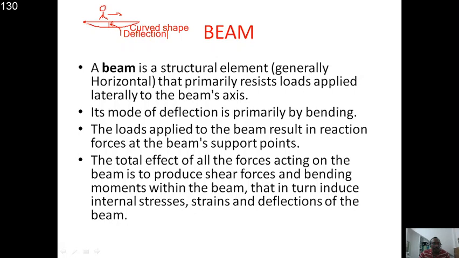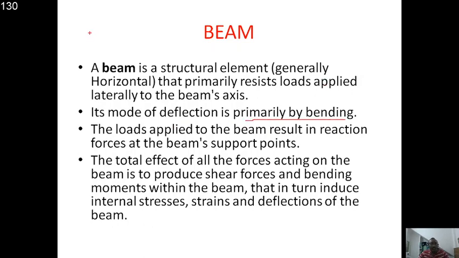And this shape is known as the deformed shape. Please understand that this shape is known as the deformed shape, right? So a deflection is the distance from the original axis to the deformed shape, and hence the beam primarily undergoes bending.